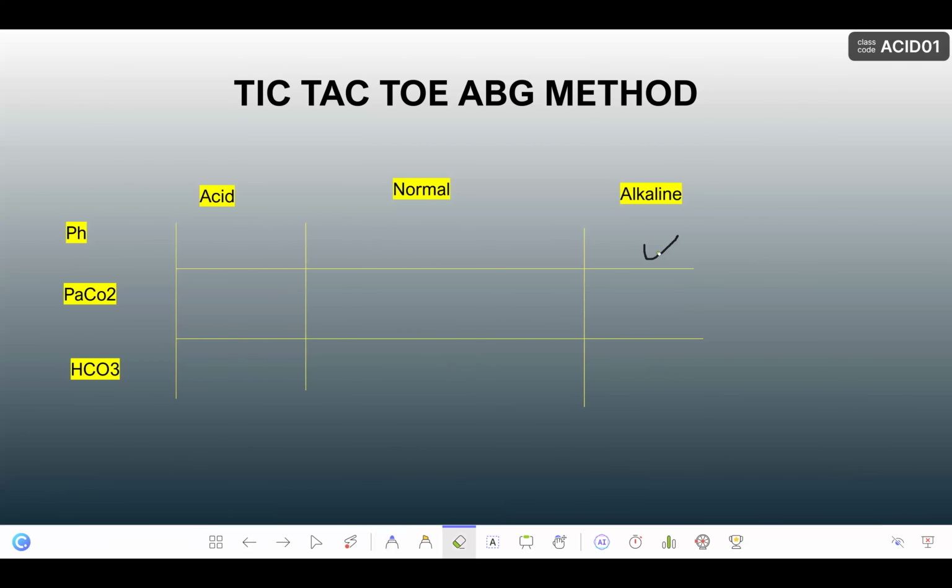Let's do one more here. All right, we've got a couple more we can do. pH 7.14, so 7.35 to 7.45, and it's 7.14. This is going to fall into the acid category. All right, so it is definitely acidic. Let's look at our PaCO2. Our PaCO2 is very high at 72.